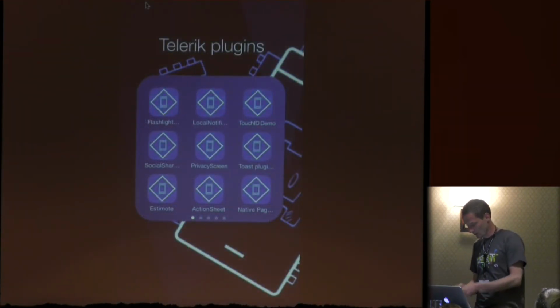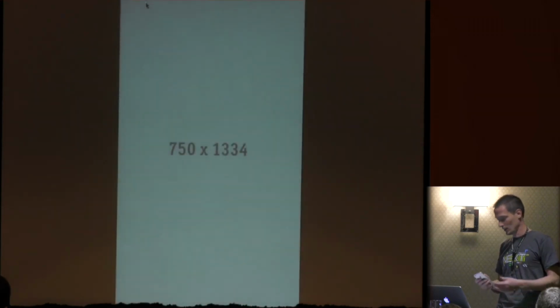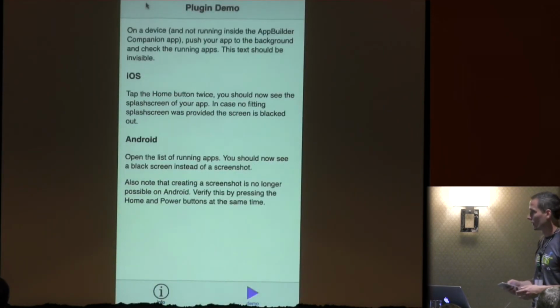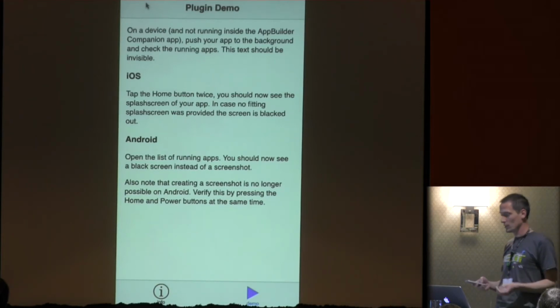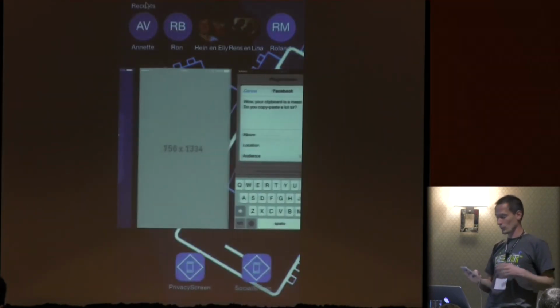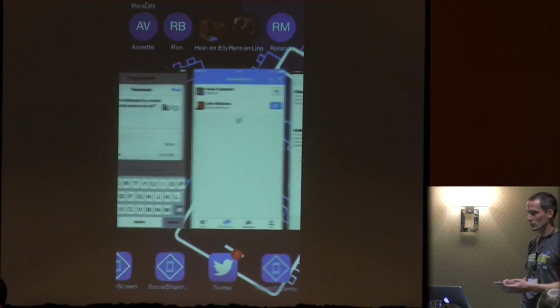So let's look at another one. Not every plugin has a JavaScript API. Some things are just a drop-in thing, like this privacy screen plugin. You see there are no buttons here, just a whole lot of explanation, but what it does is when you put the app in the background, it will no longer show your app's content, but it will show your app's splash screen.